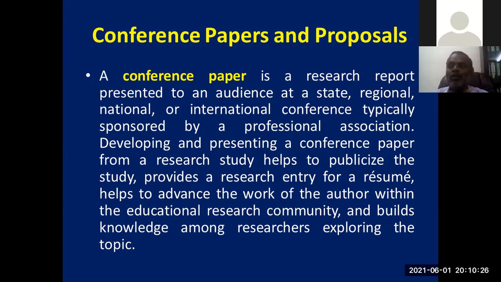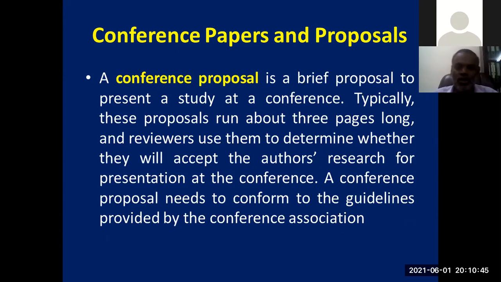Then you need to submit your conference paper abstract. Once the abstract is accepted, you need to submit your full paper. So your proposal means an abstract. If it is for a conference, you first submit an abstract, and once the abstract is approved, you submit your full paper. So your conference proposal is a pre-proposal to present a study at a conference.